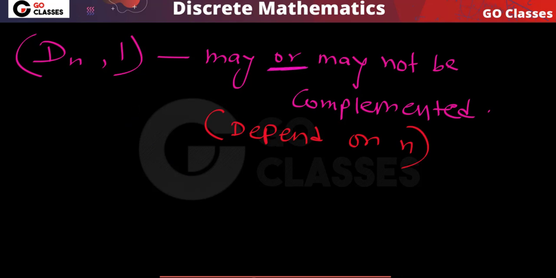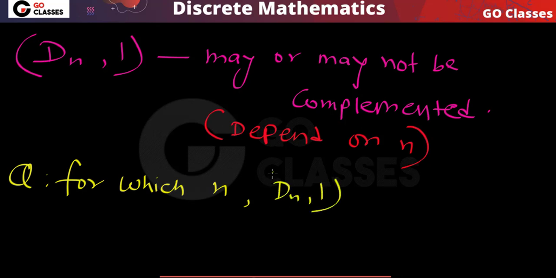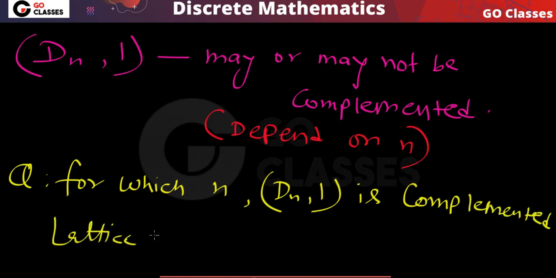Now let's see for which n this will be complemented. This is a nice question to think about. For which n is Dn with divisibility a complemented lattice? For which value of n?